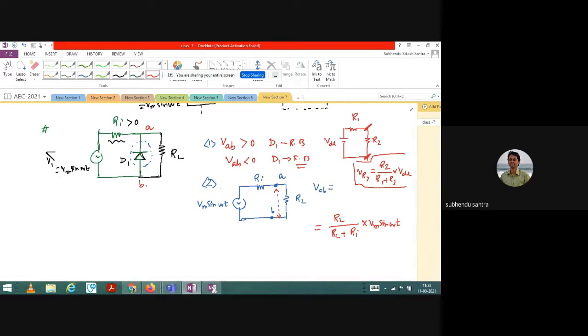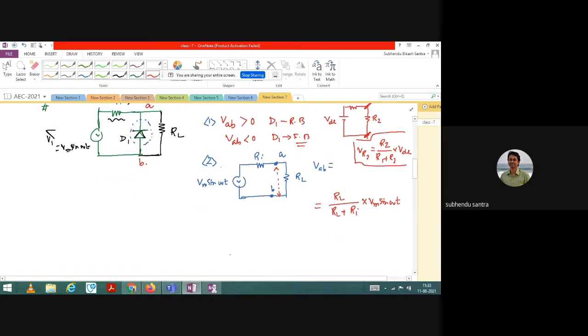I think it's clear. Now let us assume that Ri is equal to RL. I think you have studied this term. Let us assume, and then I will simplify. It is a special case.